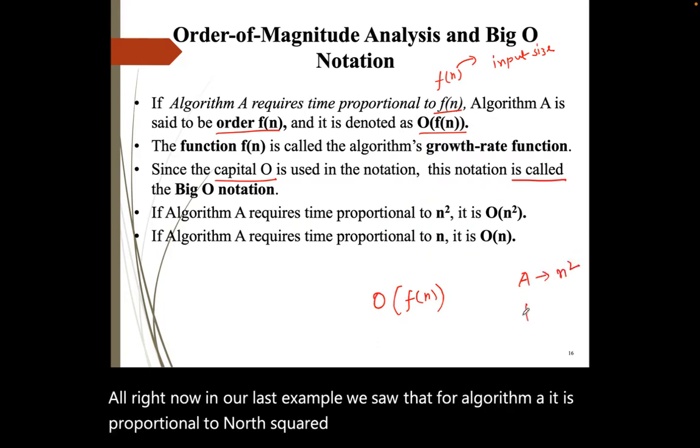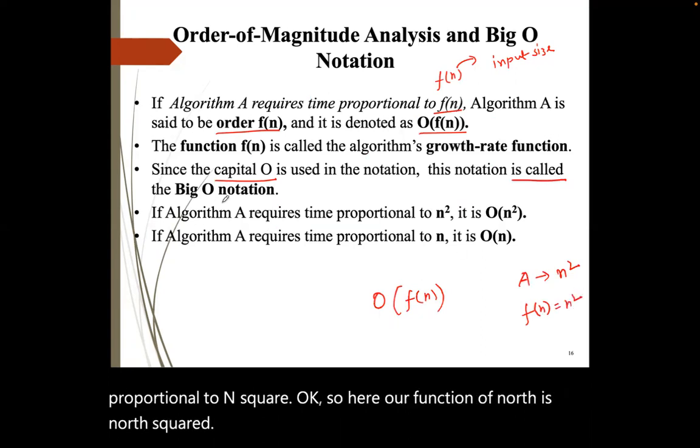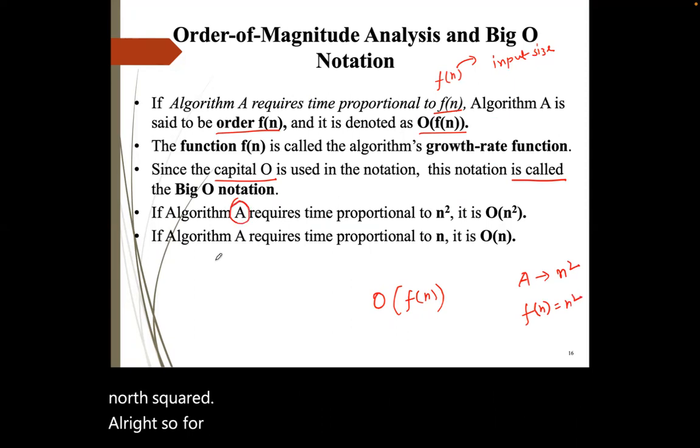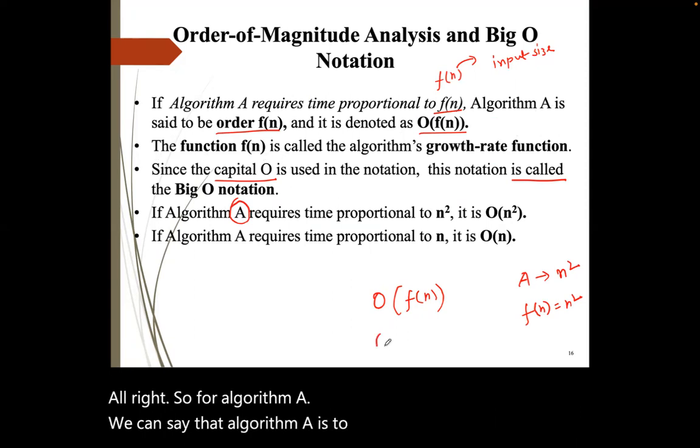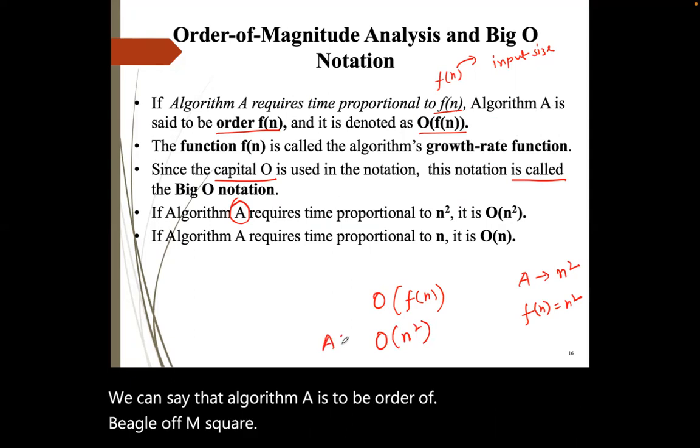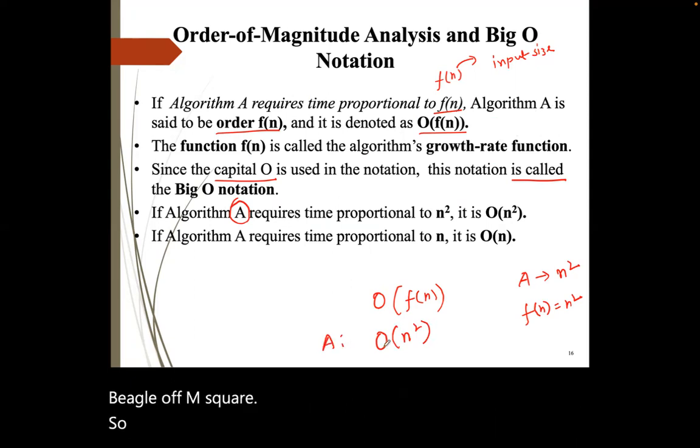So here our function of n is n square. For algorithm A, we can say that algorithm A is order of big O of n square. So algorithm A has runtime order of n square.